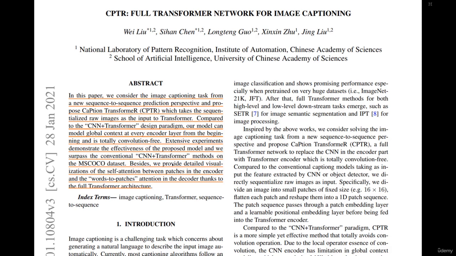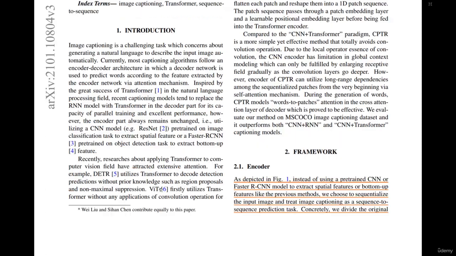Besides these great performances, they provide detailed visualizations of the self-attention between the patches in the encoder and the word-to-patches attention in the decoder, thanks to the full transformer architecture.